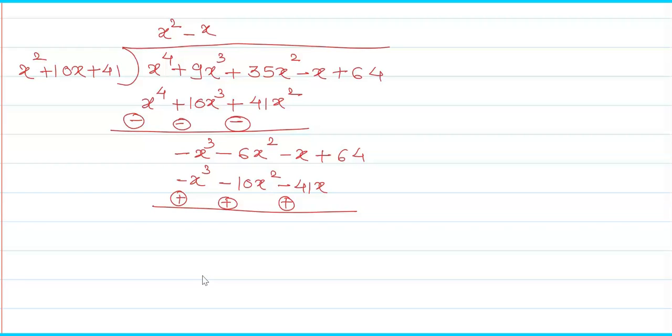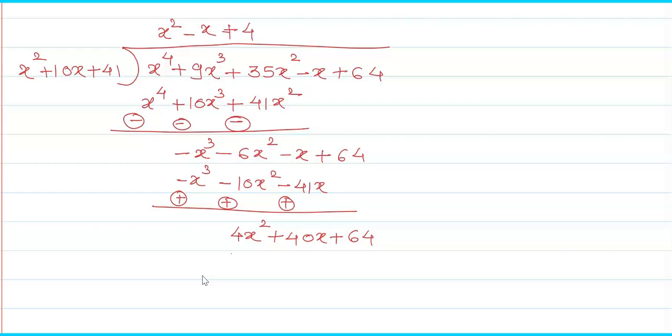Minus 6x square plus 10x square, you will get 4x square. Minus x plus 41x, then here you will get 40x plus 64. Again here how much is it? 4x square, and here we have x square. To get the 4x square we have to multiply by what? By 4.